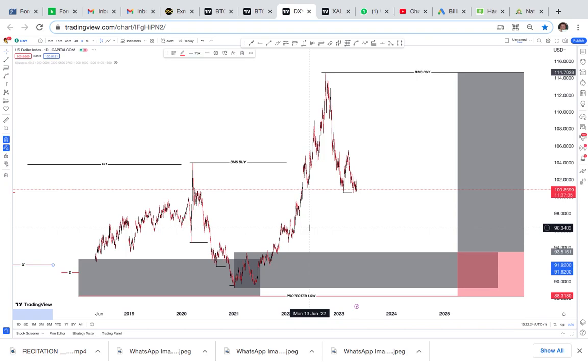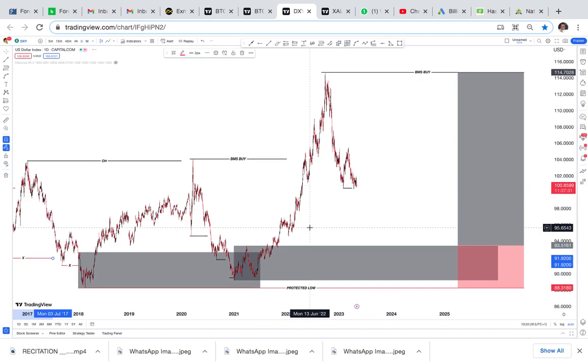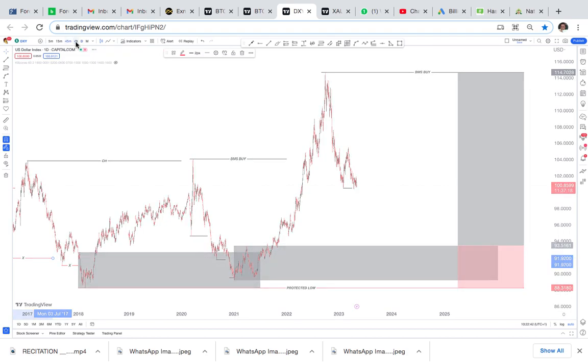So DXY is seeing a free fall. No matter how, it's still going to free fall. Really free fall. So this same thing is what I see in 45 minutes.